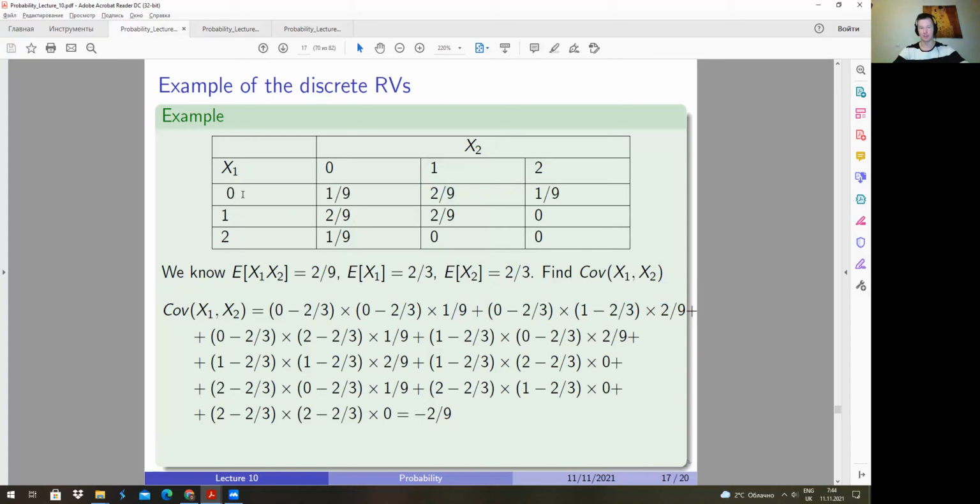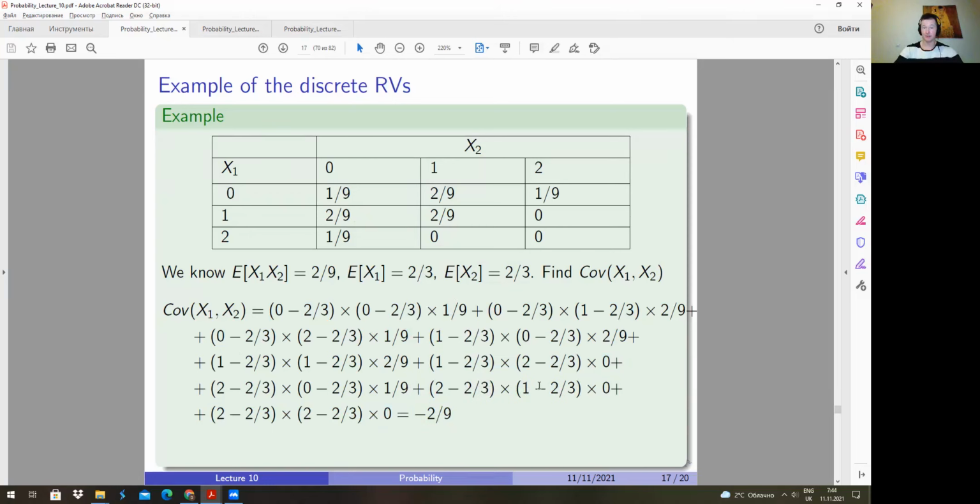Then I do x1 = 0, x2 = 2, times 1 over 9. And then I repeat this again and again for all the combinations of x1 and x2. Those are 9 combinations. After all these heavy computations, because I can simplify only this, where the probability is 0, this and this, and all the other things I really need to calculate, after all these long and terrible calculations, I have minus 2 over 9.